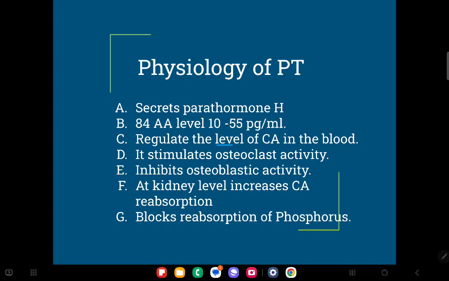But in the three places, it acts by increasing the level of calcium in the blood.